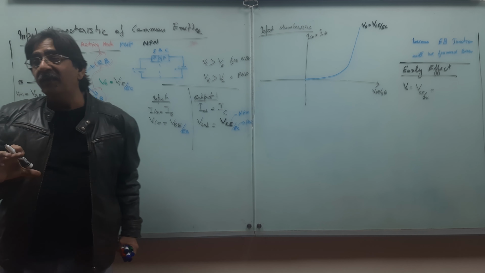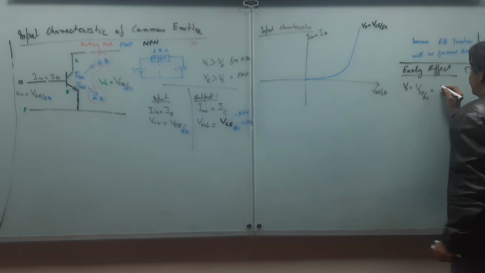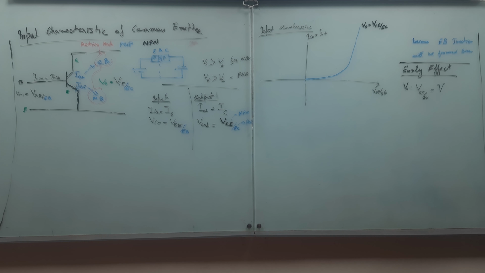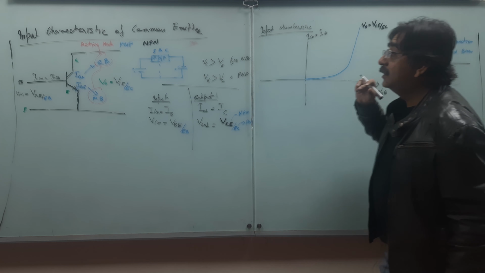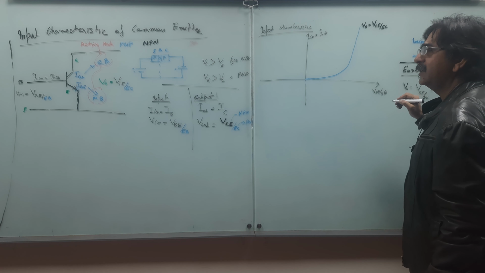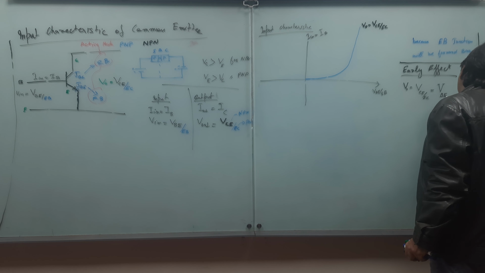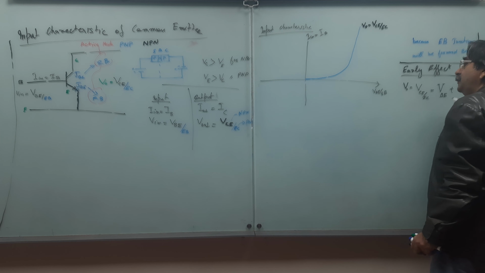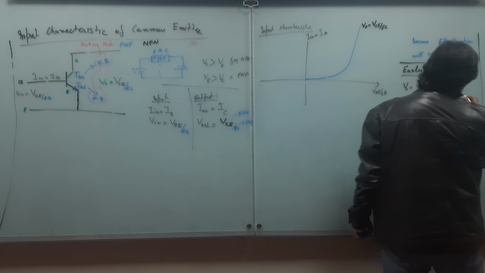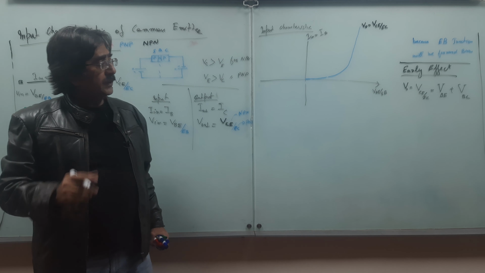Okay, there are two types of voltage, so this is the combination of VBE plus VBC. Okay.